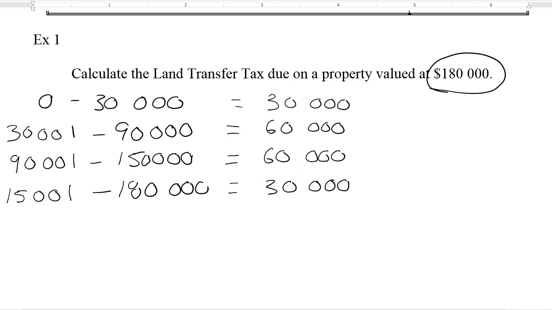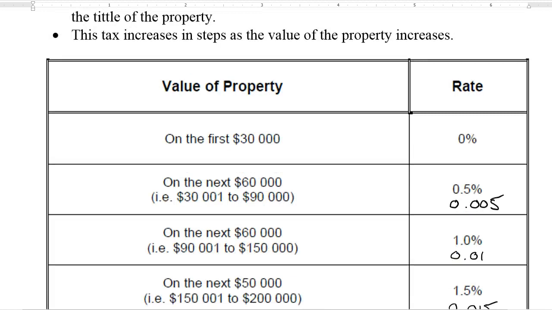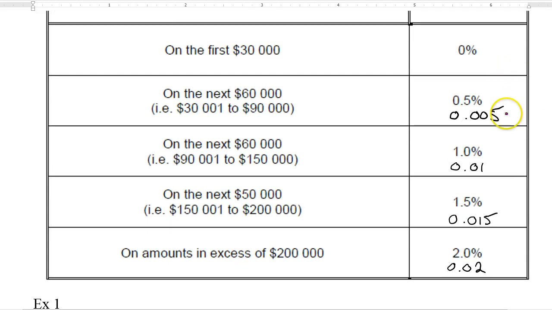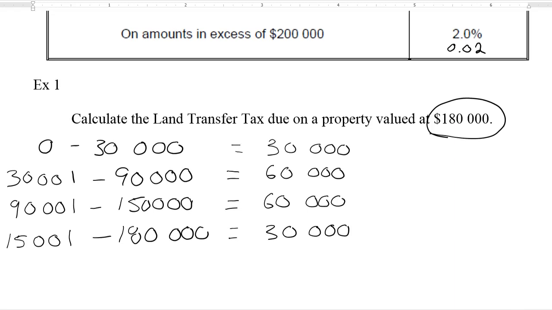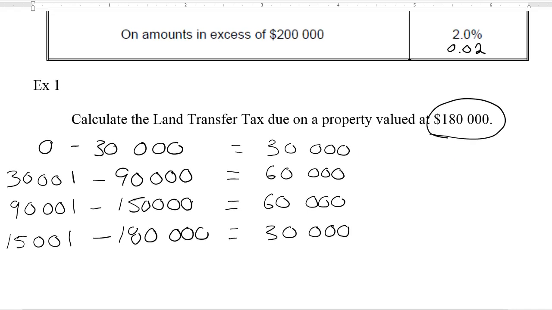Now I'm going to multiply that by each of my tax rates going down the side, and of course, multiplying by decimals. So my first rate is 0, so I'm going to times that by 0. My second bracket is 0.5%, 0.005.